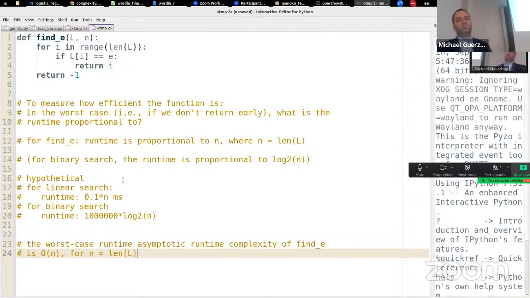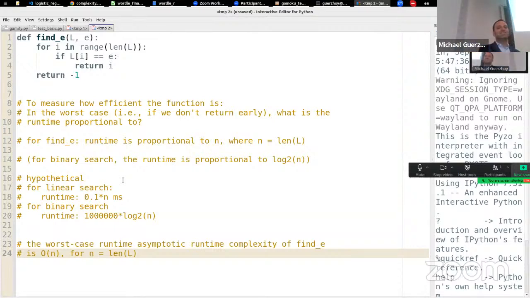It means that approximately for large n, the runtime is going to be proportional to n, where n is equal to length of L. That is most of what you need to know. However, given that this is Anxi and I have a whole 8 minutes, I'm going to give you a rigorous definition of O of n right now.